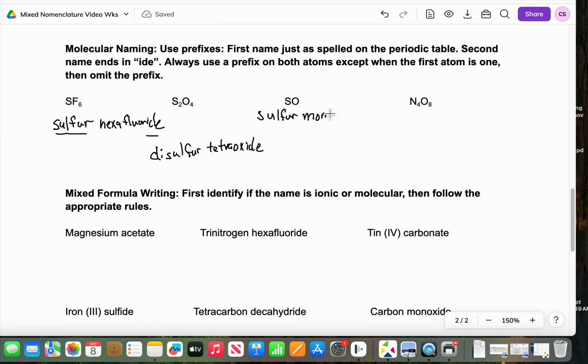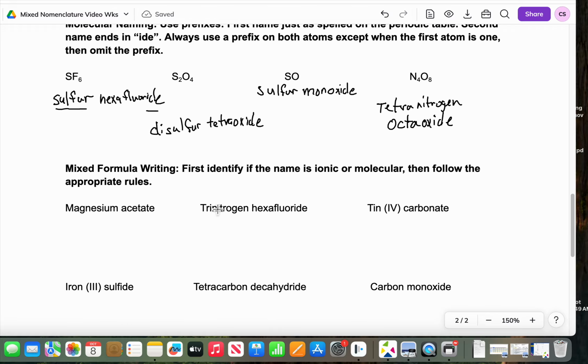And 1 is monoxide. Okay, N4O8. So that's going to be tetranitrogen. See how I spelled it exactly like it's on the periodic table? And then octaoxide. I guess you could probably drop the A there, but whatever, that's good enough.